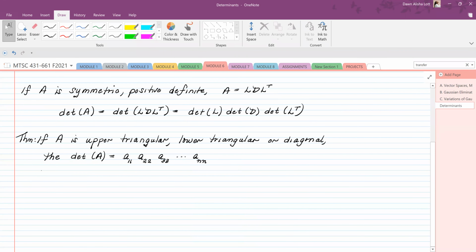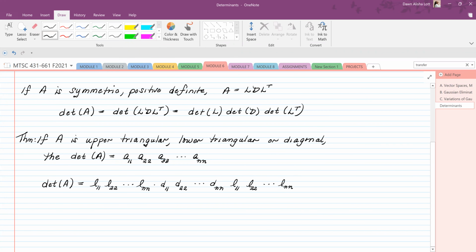Therefore, the determinant of A is going to be L11, L22, all the way down to Lnn, and then D11, D22, all the way down to Dnn, and then L11 again, L22, all the way down to Lnn.